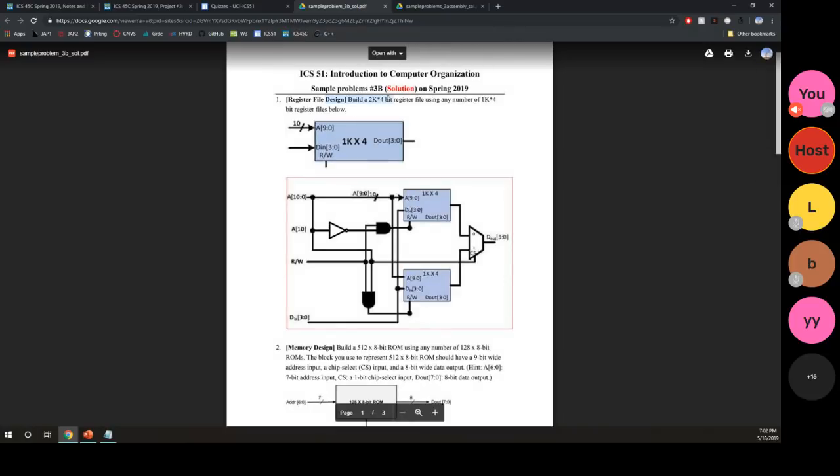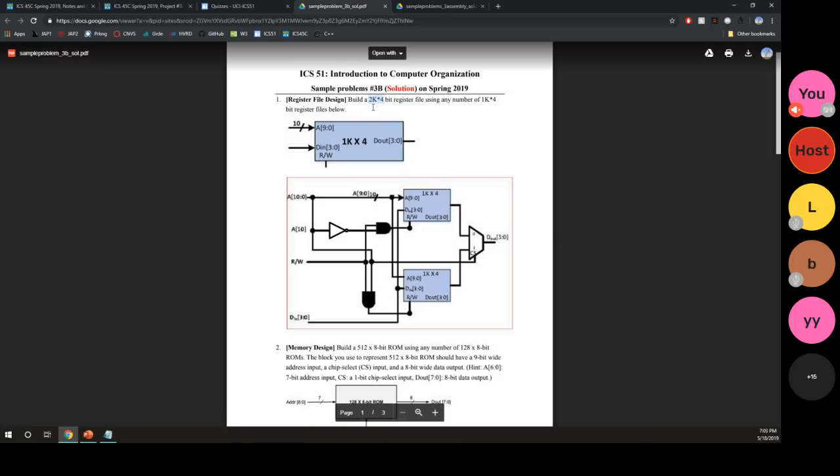It says build a 2K by 4-bit register file using any number of 1K by 4-bit register files. Okay, so when we see this number, the 2K, that's specifying how many registers are going to be inside of the register file.